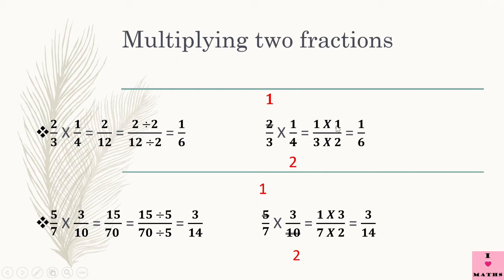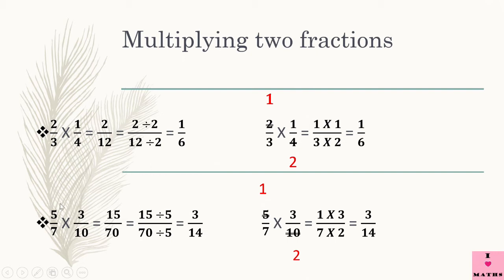So 1 ones are 1 and 3 twos are 6. See, children, here also we got 1 upon 6 as the answer, and here also we got 1 upon 6 as the answer. Why? Because both the methods are correct. There are two methods to do this, and both the methods are correct.